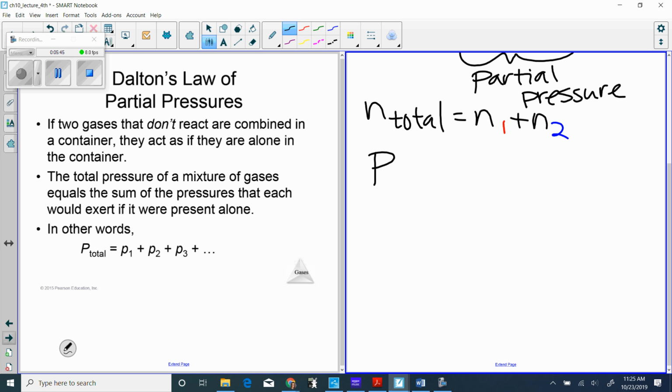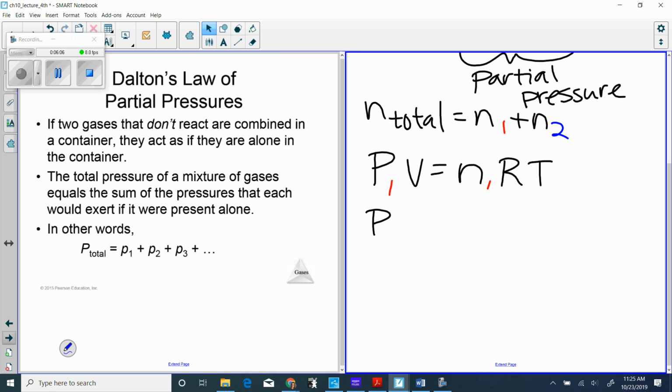And then I can do this. If I just took the red, I can use PV equals nRT, but then I also need to make sure that my number of moles is just of the red. So my pressure of just the red, my number of moles of just the red, and I could do the same thing for the blue.